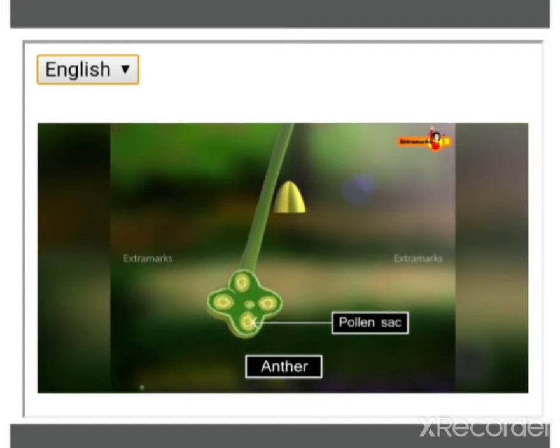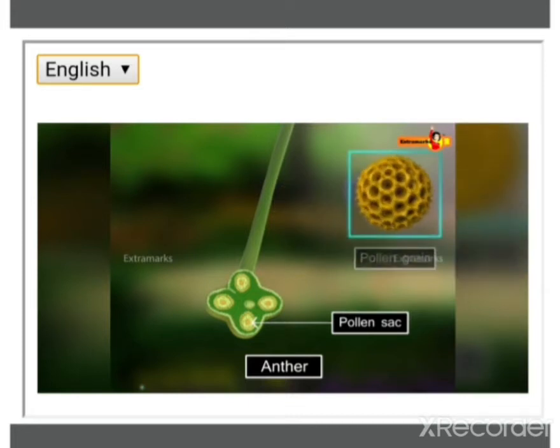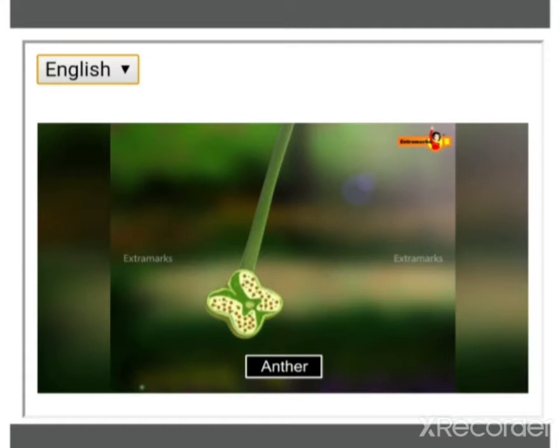These pollen sacs are separated by a thin layer of tissue known as connective. Each pollen sac contains numerous pollen grains or microspores. When mature anther dehisces, pollen grains are released from it.